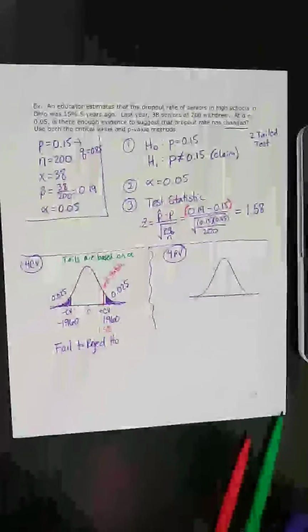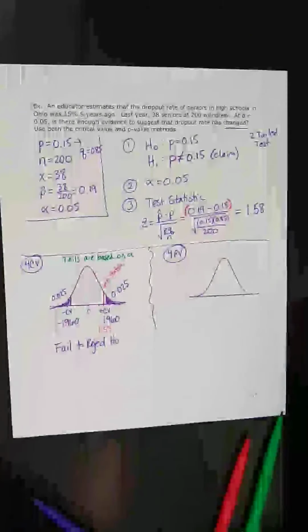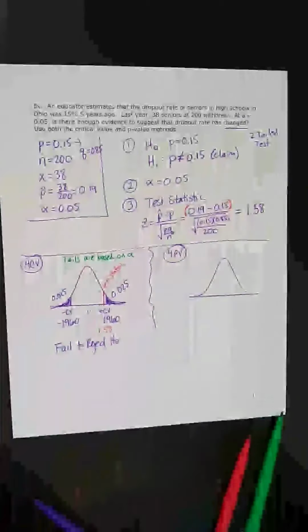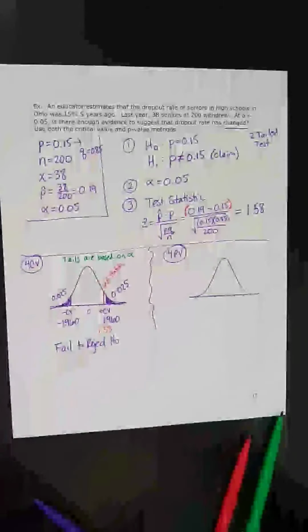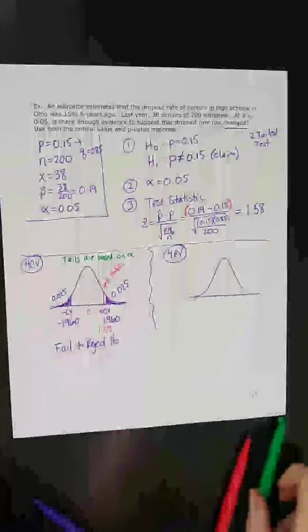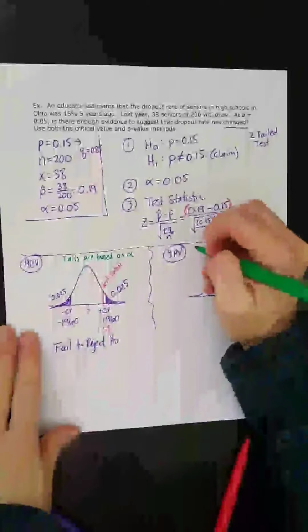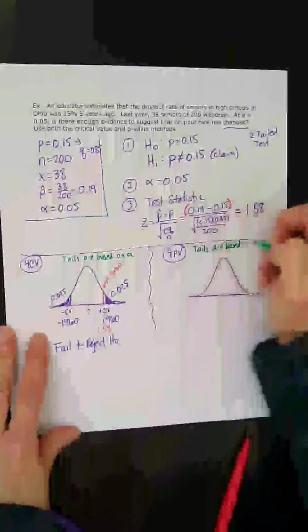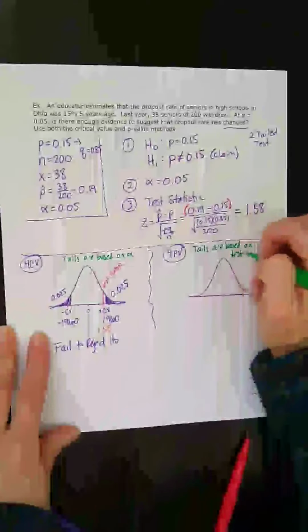So what happens if we try the p-value approach? We just looked at it. We did something with normal CDF, but how do we make our picture? So this time, instead of the tails being based on alpha, the tails are based on the test statistic.